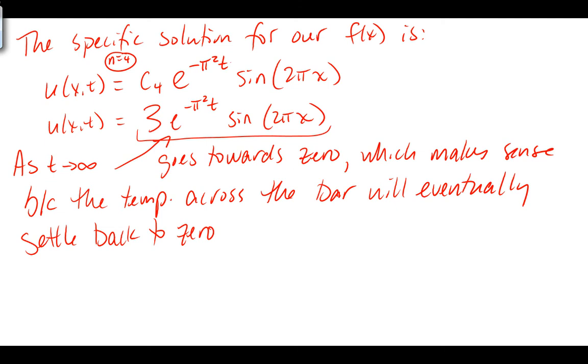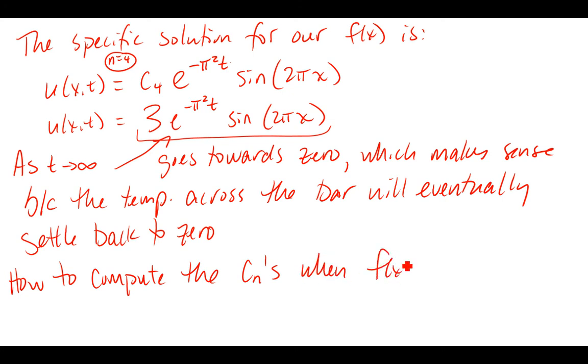So of course, naturally, the question arises, which is, but how the heck do we compute the c_n's when f of x is not just one of these sine curves?